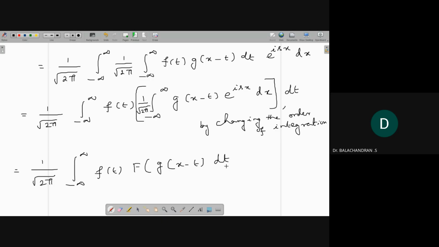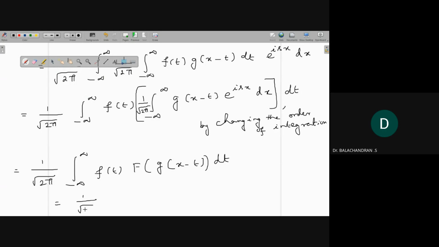So now I'll close this bracket also. Now this is equal to 1 by root 2 pi, minus infinity to plus infinity, f of t into... So yesterday we discussed the shifting theorem. The Fourier transform of f of x minus a is e power isa into some function of s. So using the shifting theorem, we can write e power ist into a function of s.